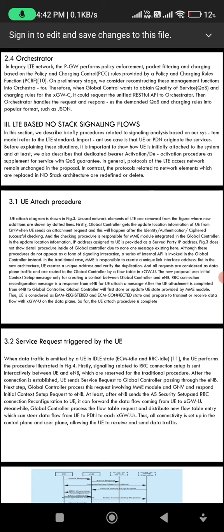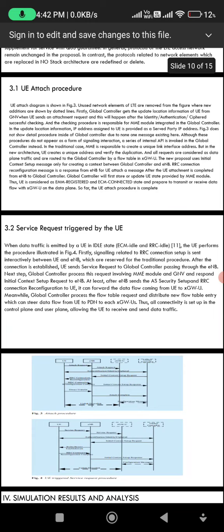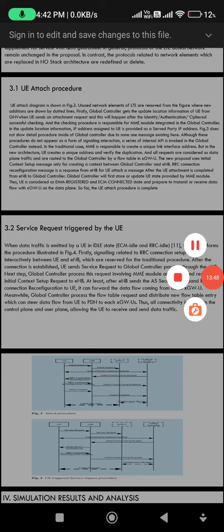At last, we also describe the dedicated bearer activation and deactivation procedures as a supplement for services with QoS guarantee. In general, protocols of the LTE access network remain unchanged in the proposal. In contrast, the protocols related to network elements which are replaced in the NO stack architecture are redefined or deleted. UE attach procedure. The UE attach diagram is shown in figure 3.